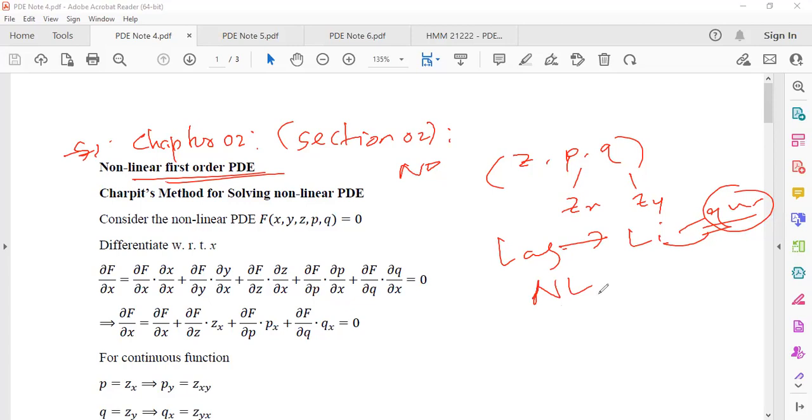Can you answer me? If it is nonlinear, what may you find in the equations of PDE? How can you distinguish between linear and nonlinear equations?